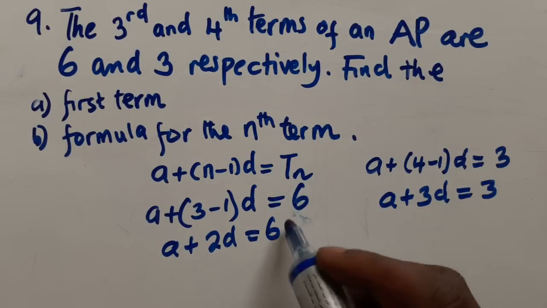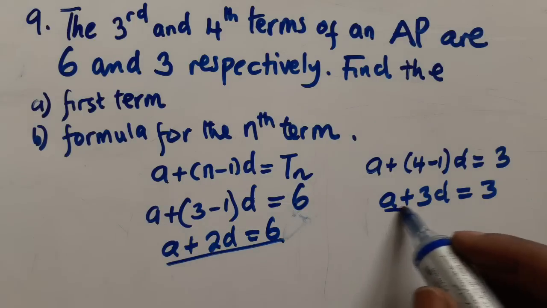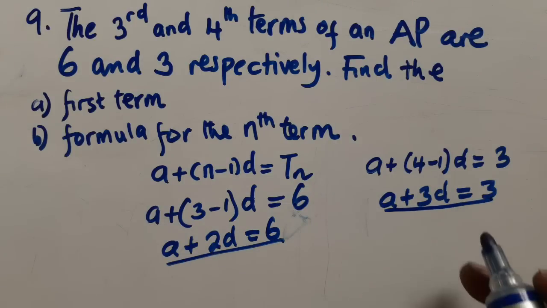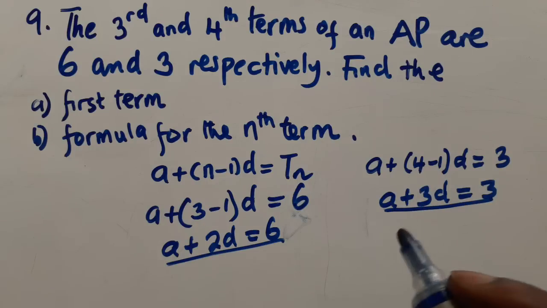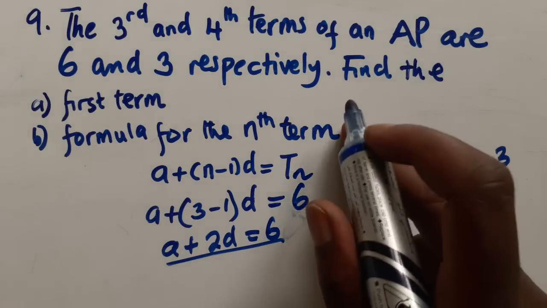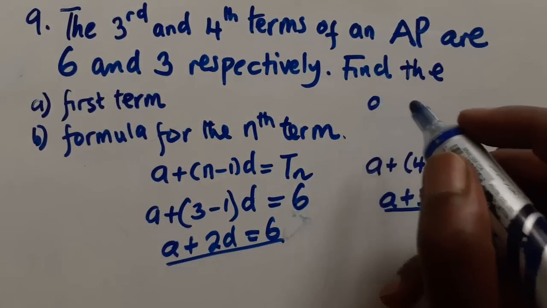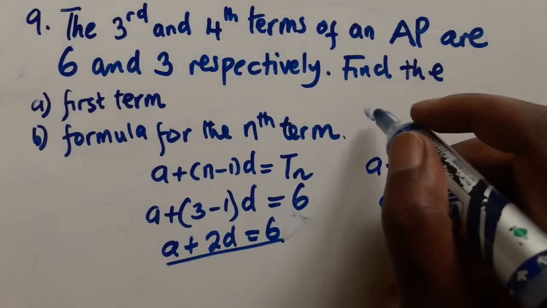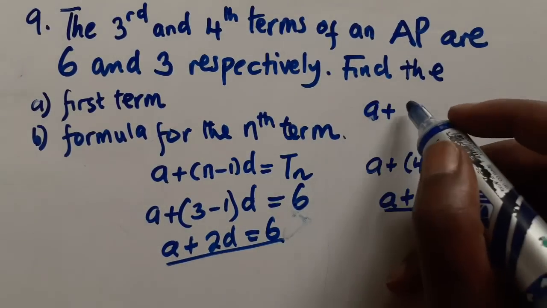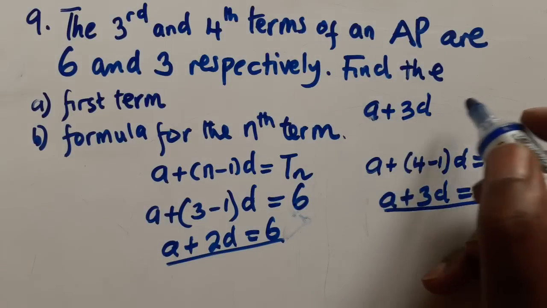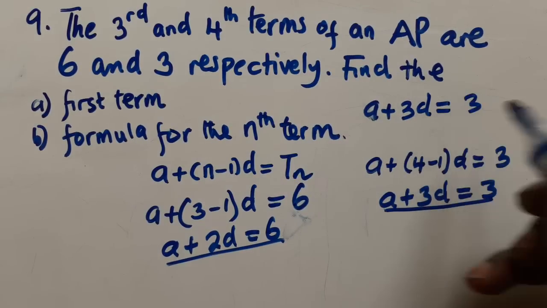So we have two equations here, this equation as well as this one. So we can now solve these two equations simultaneously. I hope that is clear. Simultaneously means we can bring this one here and say A plus 3D is equal to 3.